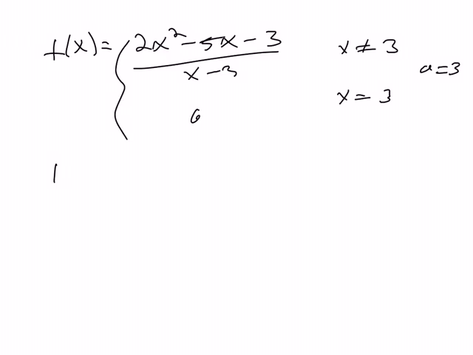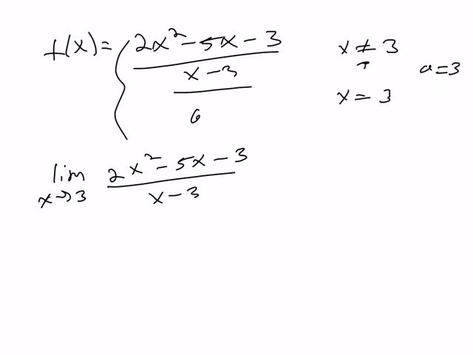So we want to find the limit as x approaches 3 of f of x, which, as we're approaching 3, we're not equal to 3, is this right there. So it's going to be 2x squared minus 5x minus 3 over x minus 3.